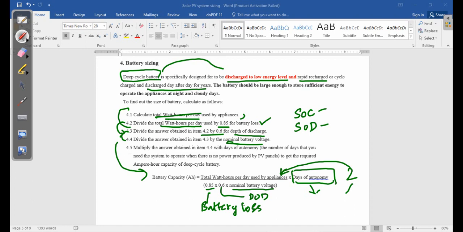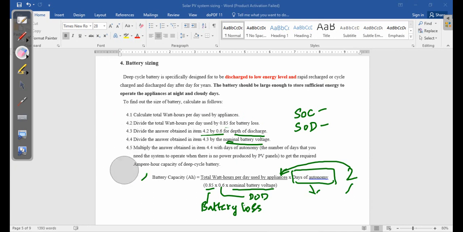That is called days of autonomy. So you can consider 3 days: if the power is not available for 3 days, the battery is capable of supplying the power to the particular appliances. So this is the way we have to select the battery. This is the detailed procedure to select the battery in applications.